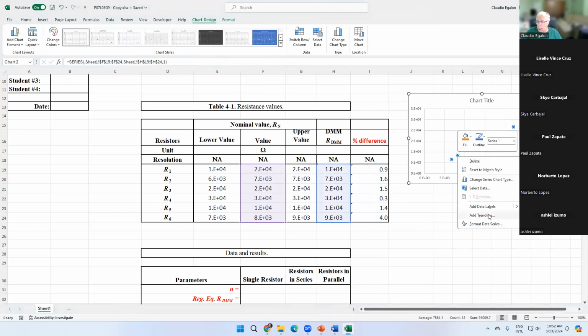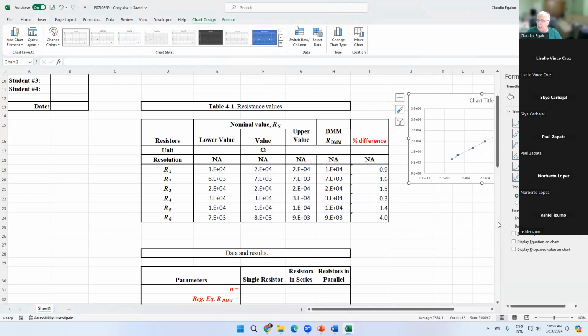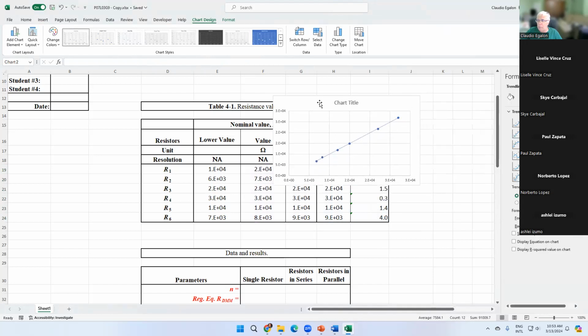When I put the trend line with the regression equation, we are going to see that the slope of the trend line is very close to 1. Make sense?